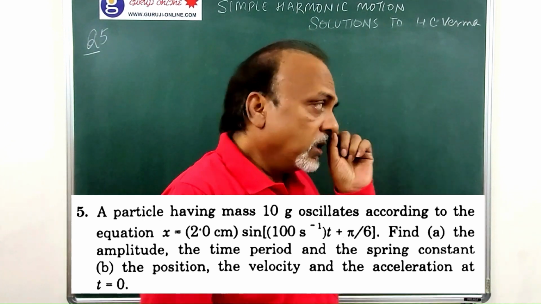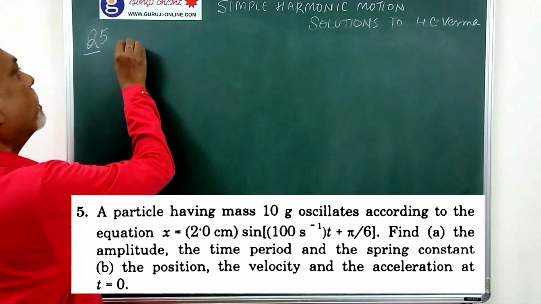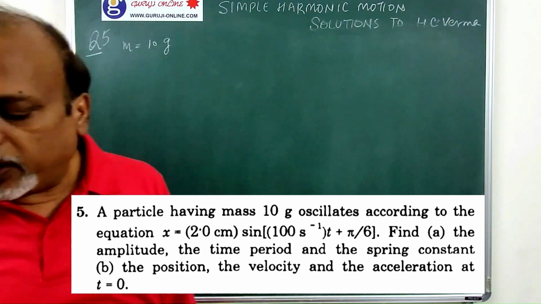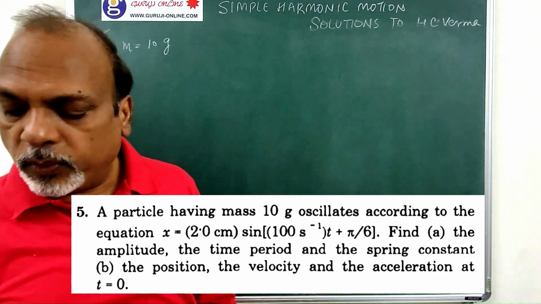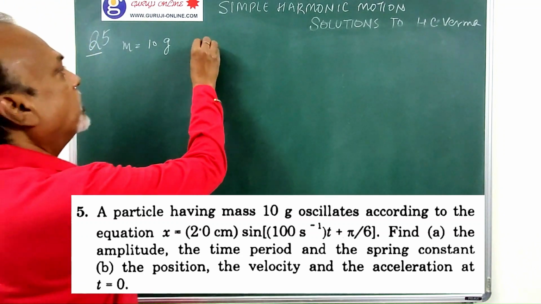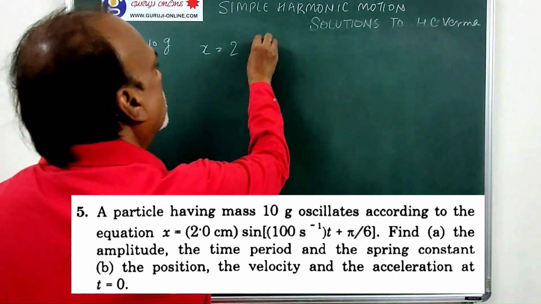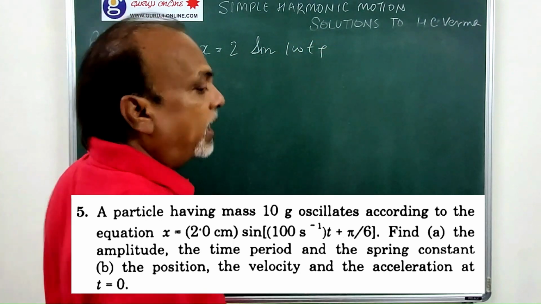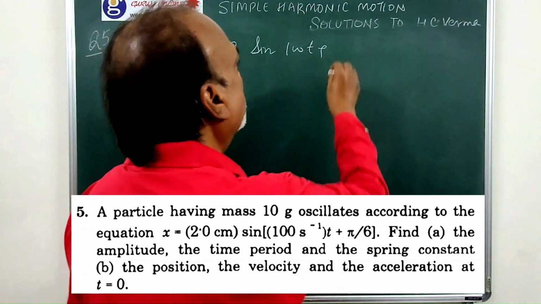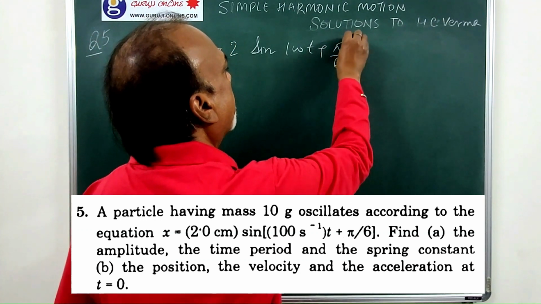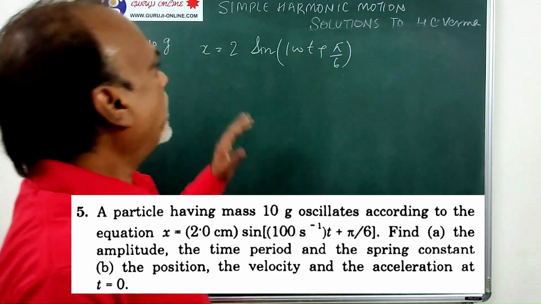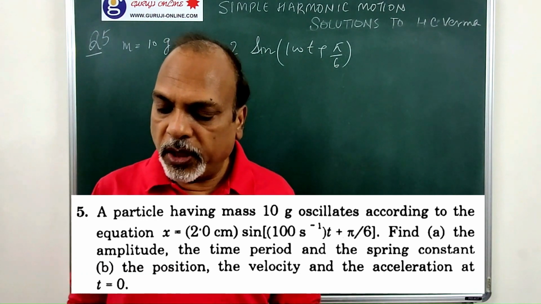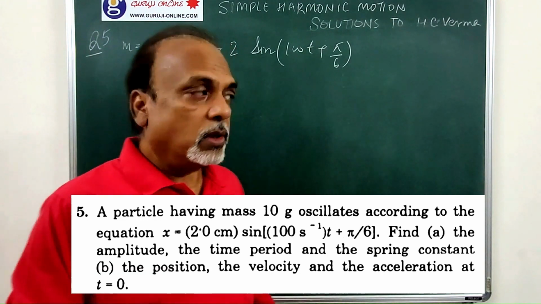So mass of the particle is given as 10 gram, and we have an expression also for the position of the particle like this: x is equal to 2 sine 100 t plus pi by 6. So this is the equation for the position of the particle. Now what they are asking: the amplitude, time period and spring constant.